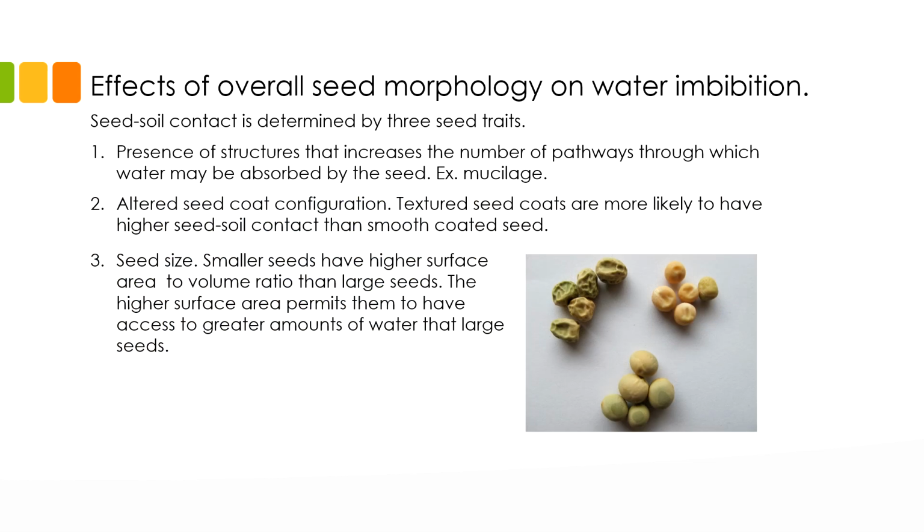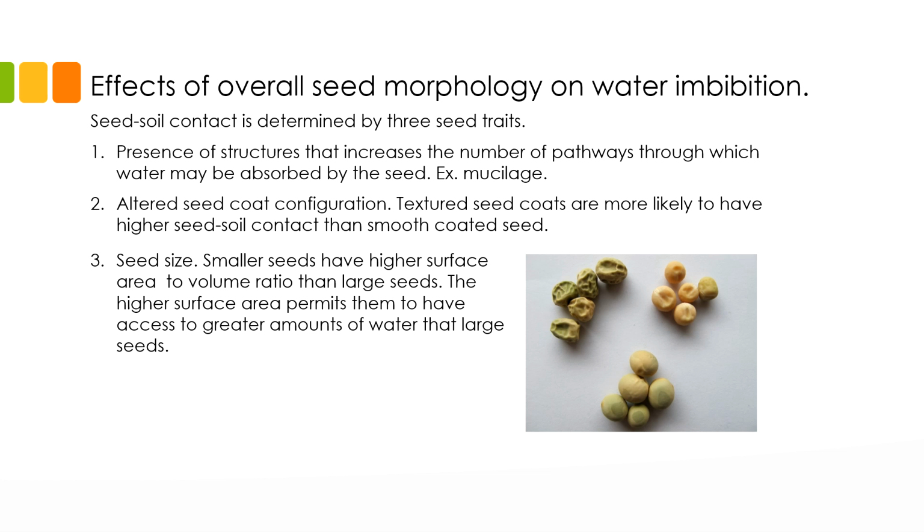Last but not least is the overall seed morphology as a determinant of water imbibition. In particular, we will look at the effects of seed morphology on seed-soil contact. There are three seed traits that can improve seed-soil contact. First is the presence of structures that increases the number of pathways through which water may be absorbed by the seed. A good example of this is the mucilage.